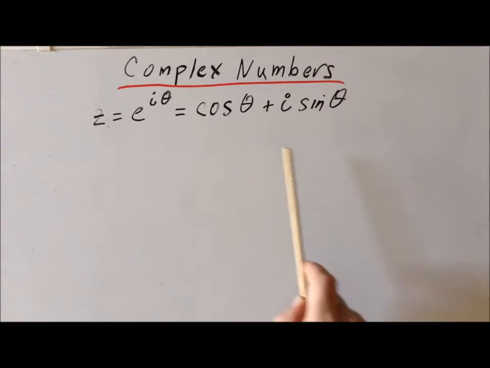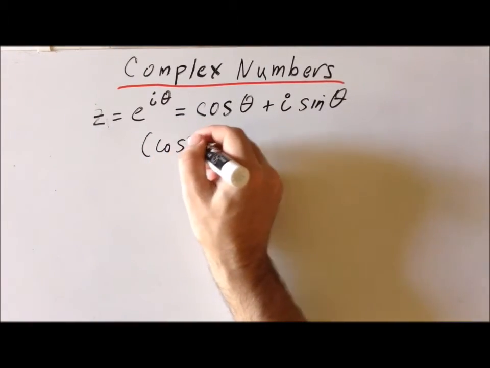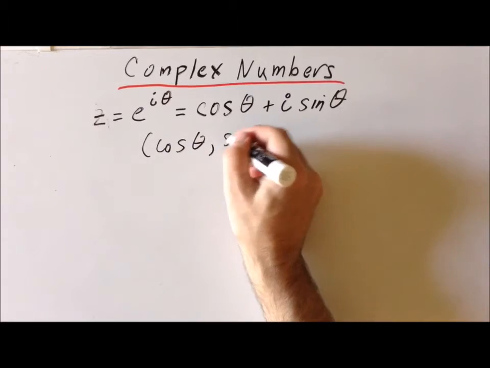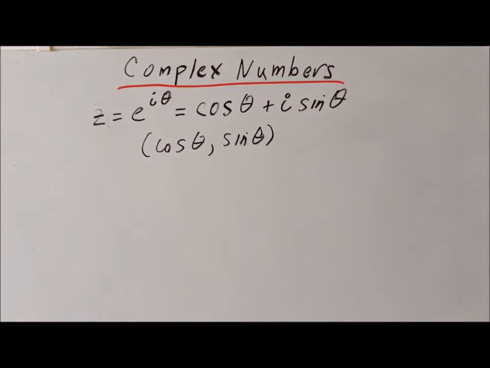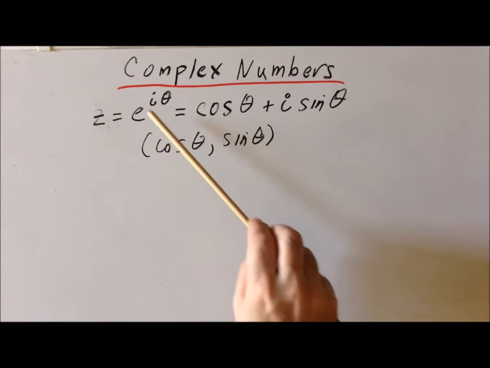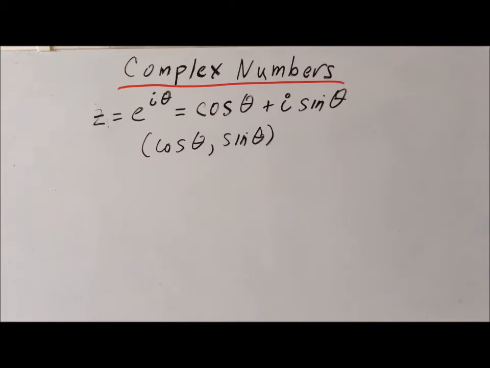So if we wrote it as an ordered pair, we would write it as the ordered pair cosine of theta, sine of theta. And in our particular course in quantum chemistry, we're going to need to interconvert these two forms all the time. So that's incredibly important.